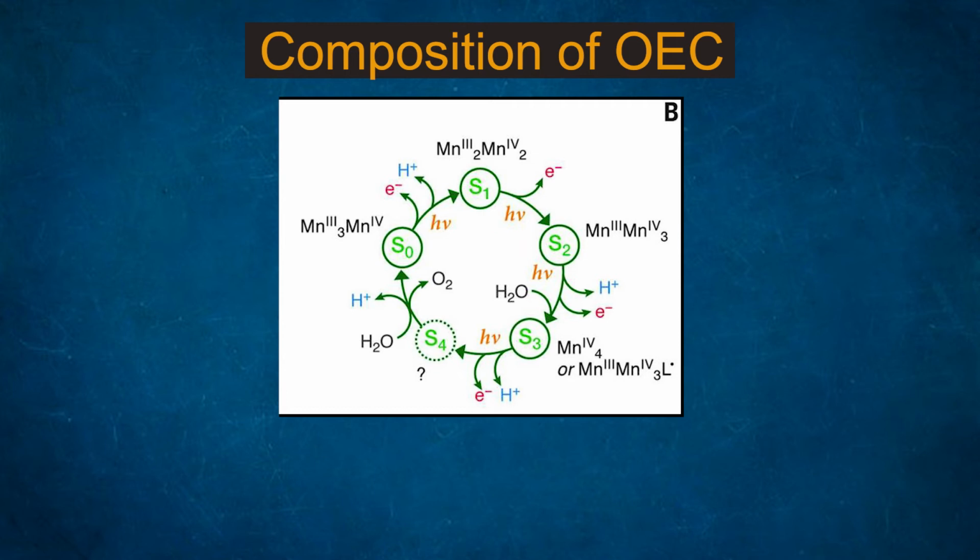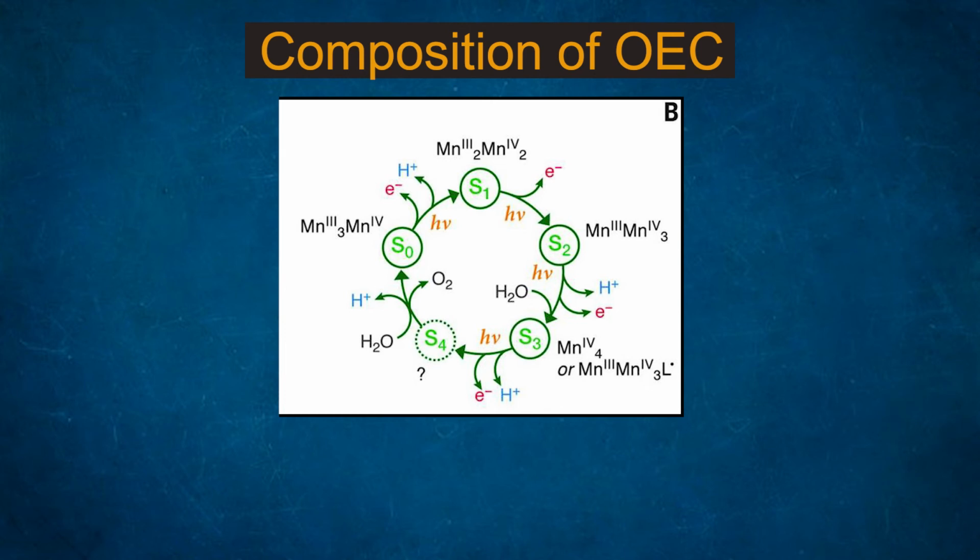From the S2 state, again there will be absorption of a photon and the transfer of an electron. So, the manganese cluster will enter the S3 state, and then the S4 state. In the S4 state, the manganese ions are present in the highest oxidation state, and now they have the capability to oxidize water.